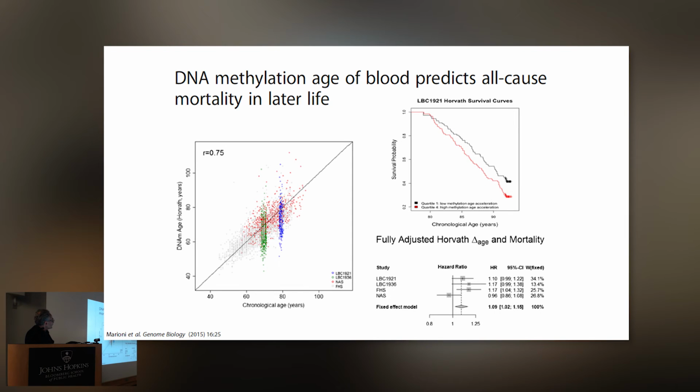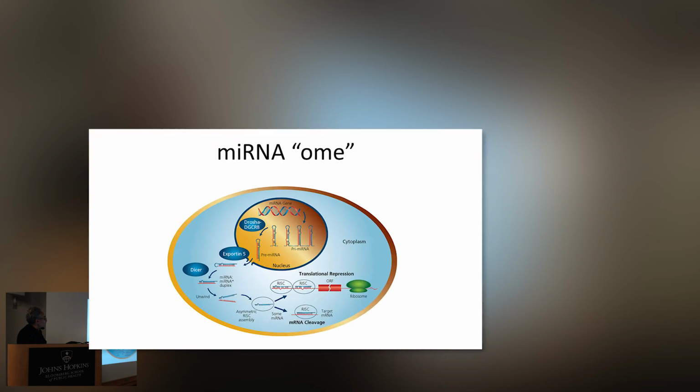And furthermore, this DNA methylation specific pattern is also associated with and predicts mortality later in life. So how we can affect this kind of methylation at the protein coding genes nutritionally is an important question and one ripe for investigation.